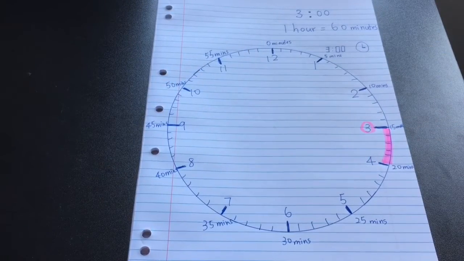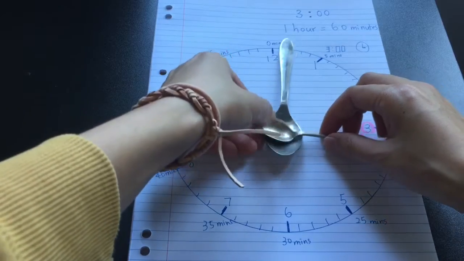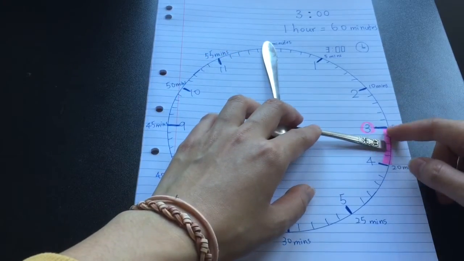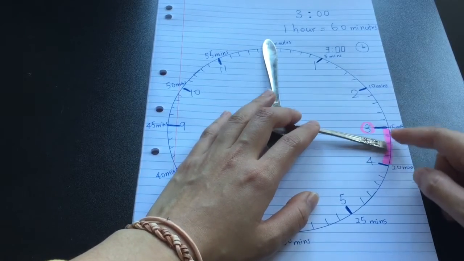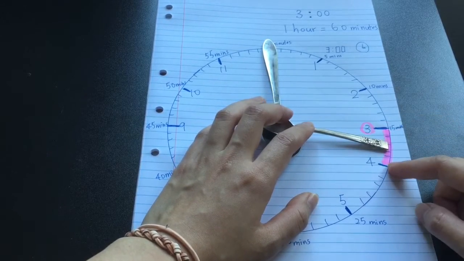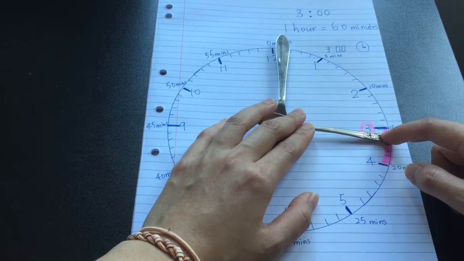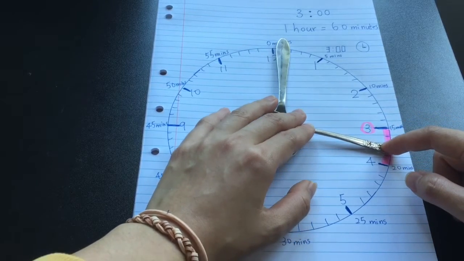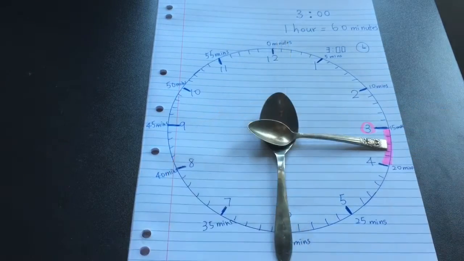One part many of you get confused is when the short arm is somewhere between, like here, if it's not sitting exactly on the hour, you might wonder, which does it mean, 3 or 4 o'clock? When the short hour arm is moving within here, it is still the 3rd hour.